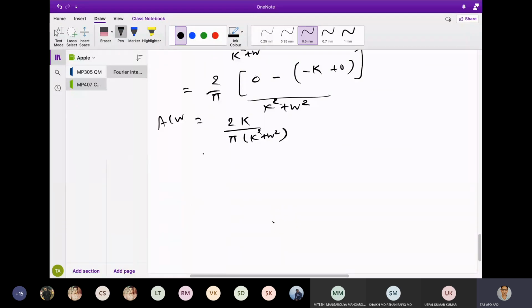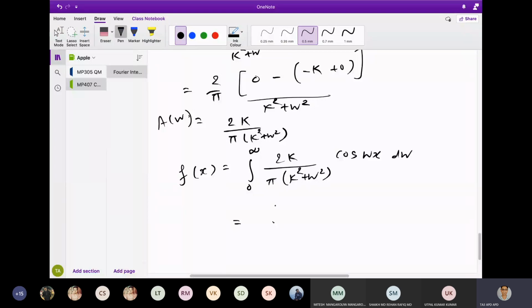So you have to plug it in the Fourier integral, which is f of x equal to integral 0 to infinity of the coefficient a function. So this is going to be 2k upon pi k square plus w square, that is a, multiplied by cos of wx dw. Okay, so that is going to be your answer.